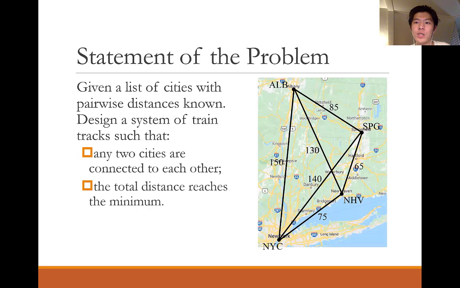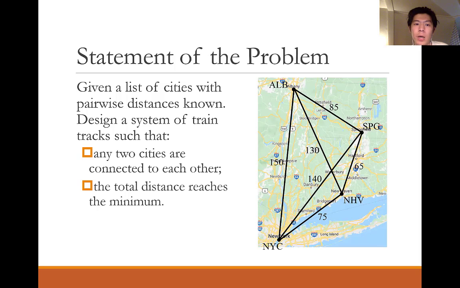So let's first think about the construction of the train track system. When we build the train track system, we need to connect all the cities on our list so that any two cities are connected to each other. Or in other words, for any two cities, there's a way to go from one city to the other.